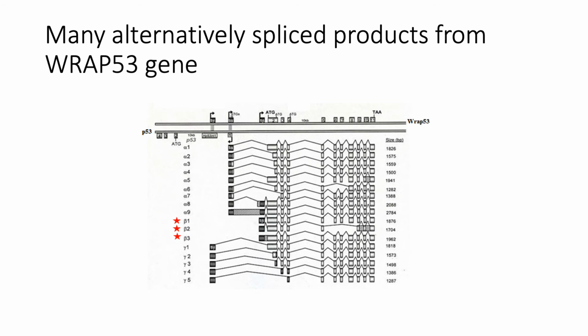Now when we looked at the spliceosome earlier, we saw the kind of simple version of how splicing can take place. One major question, and there's a lot of research going into this, is how these different exons are recognized under different conditions or in different cell types.